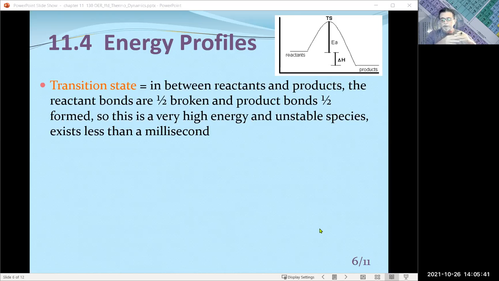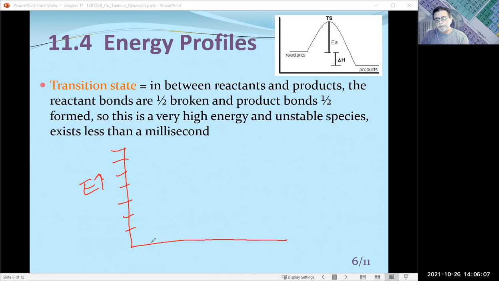Now, we're introducing you to these diagrams to designate the different types of reactions that we have. So what are these diagrams? Well, on the y-axis in this direction, we have energy units, and for right now, they're just arbitrary energy units.